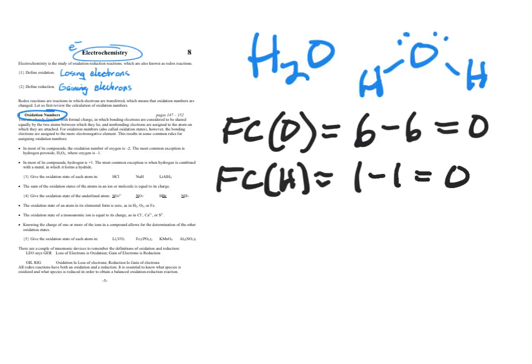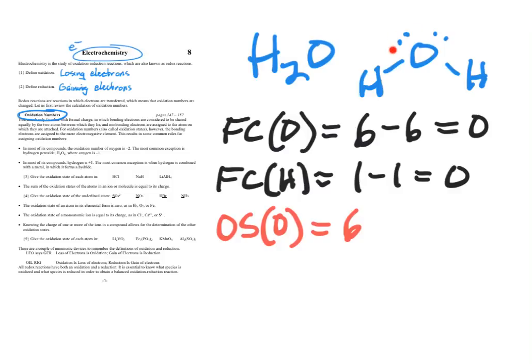Let's see how we determine oxidation state. It's a slightly different method, and I'm going to do this calculation in red. So the oxidation state, the OS, of oxygen: we start the same way, with the group number, which is 6, but then we count the electrons a little bit differently.